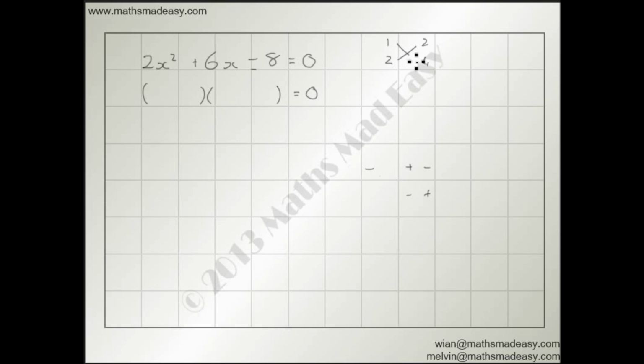Cross multiply this to get 2 times 2 is 4, and 1 times 4 is 4. So we can instantly see that no matter which sign we use, we will equate to 0, because 4 minus 4 is 0, and negative 4 plus 4 is also 0. So this is not the correct cross multiplication table to use.